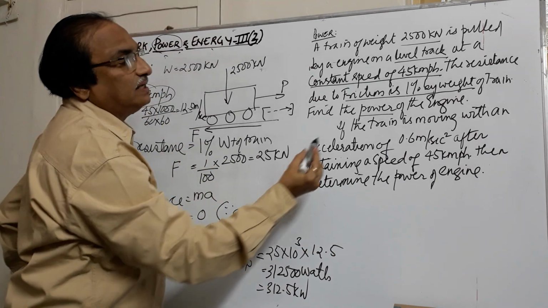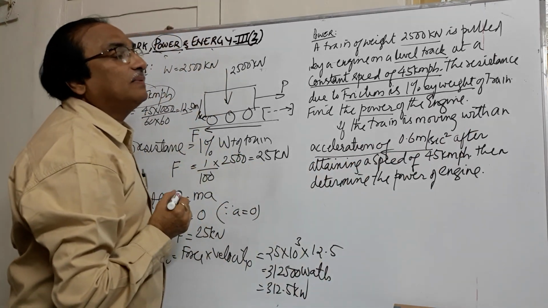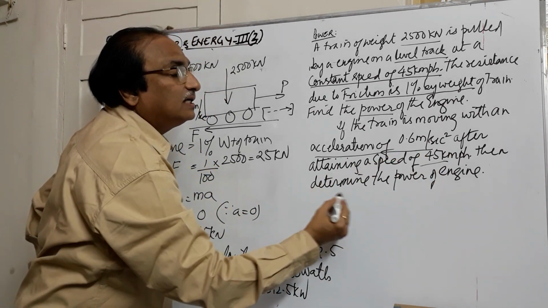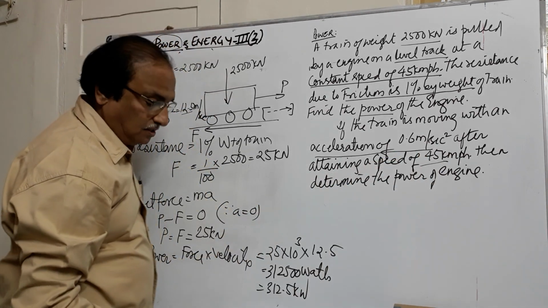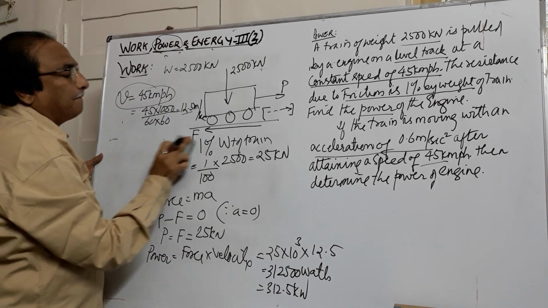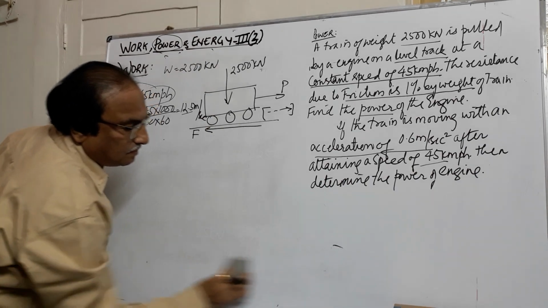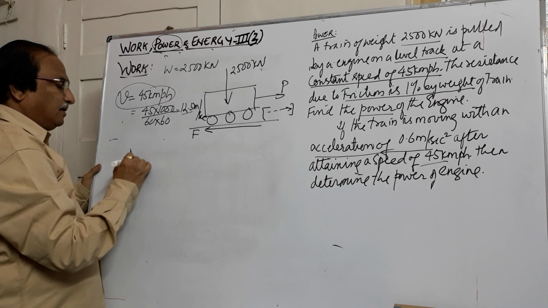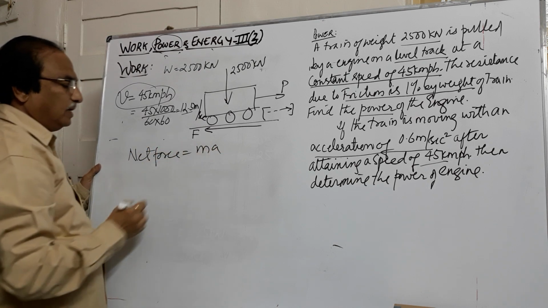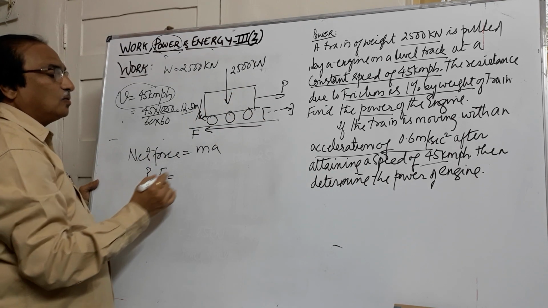The second part says that if the train is moving with an acceleration of 0.6 meter per second squared after attaining a speed of 45 km per hour, then determine the power of the engine. So here one more component will be coming. So here net force will be equal to M into A. So here net force will be P minus F is equal to mass.